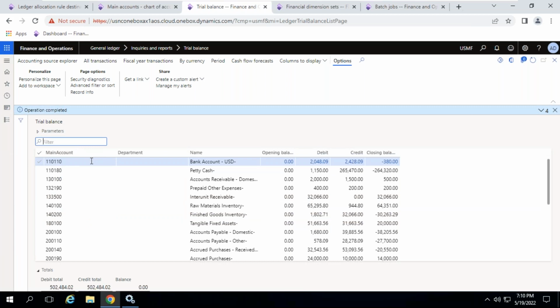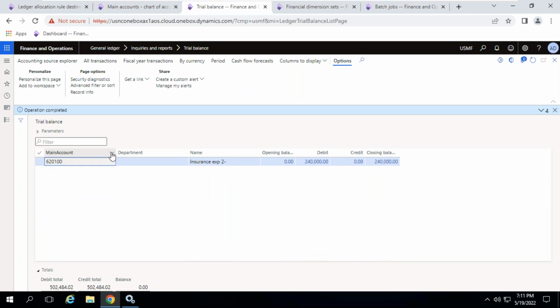Now if you filter by this account, $620,100, as of now it is there. So it is like 24,000. At this point the amount is not split between the departments.